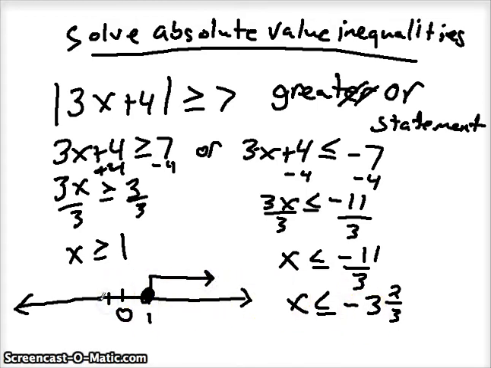And if we go the other way, that's negative 1, negative 2, negative 3, negative 4. So negative 3 2/3 is going to be somewhere right in the middle there. It's also going to be a closed circle because it's an or equals, and it's talking about values that are less than that. So that's an or statement. We're talking about values that are separate. They're greater or they're less than.